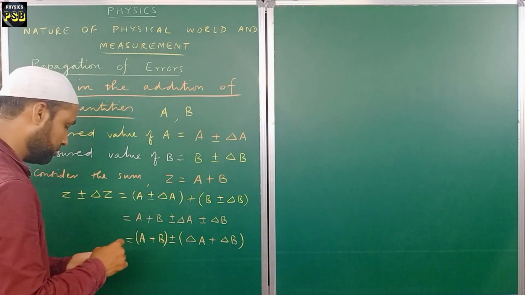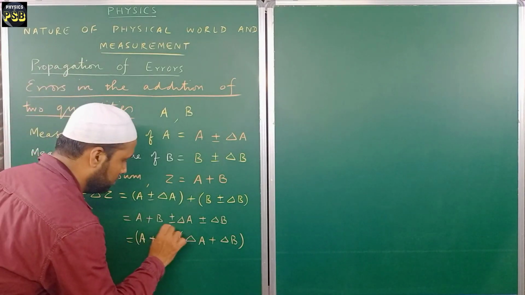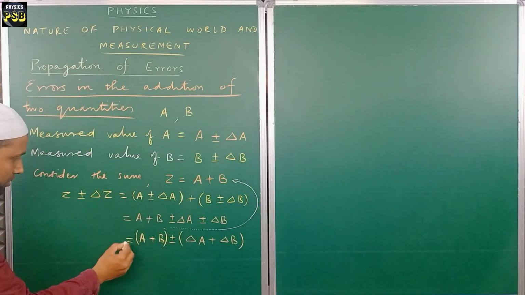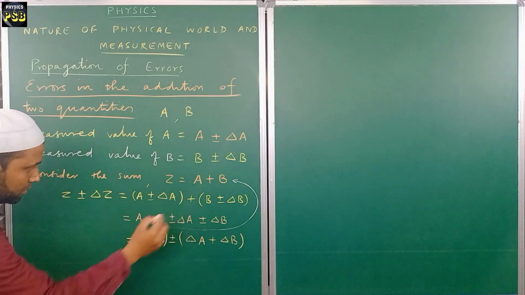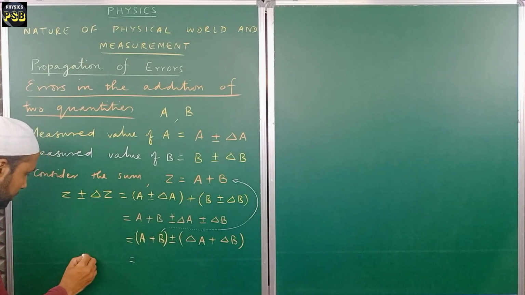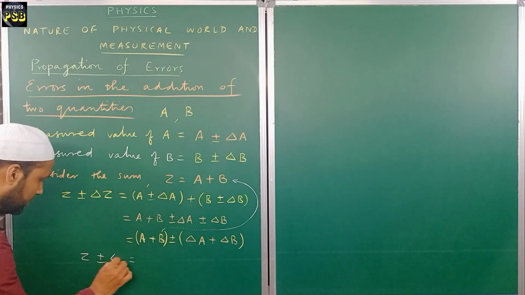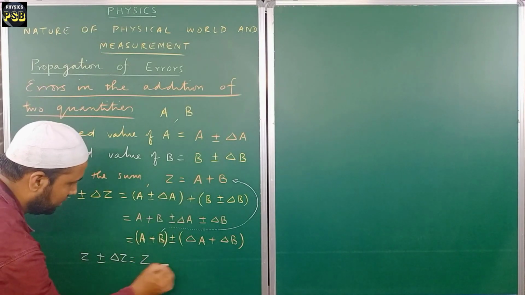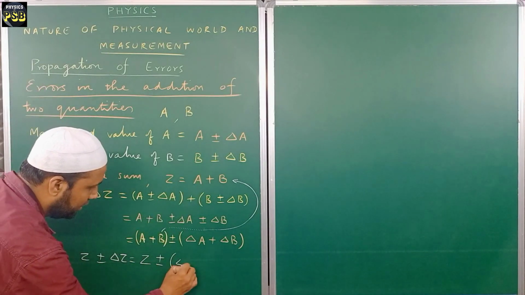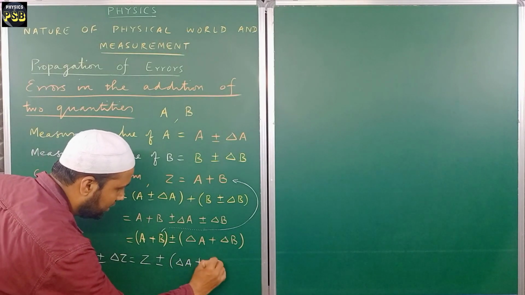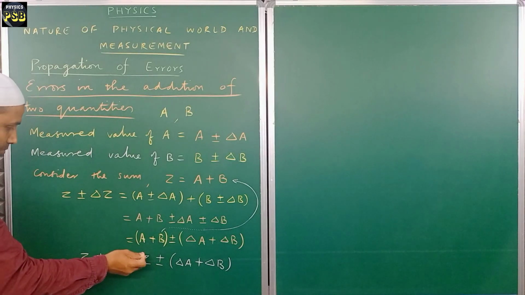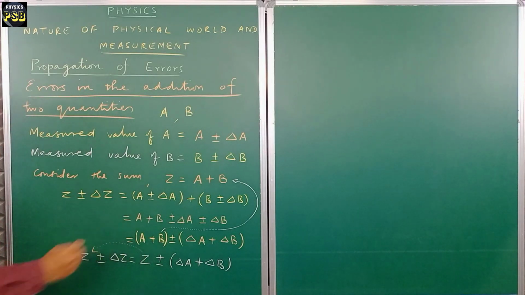From here, this value is mentioned here. So the next step, Z plus or minus delta Z is equal to A plus B, which is nothing but Z, plus or minus delta A plus delta B. Now I take this term to this side.